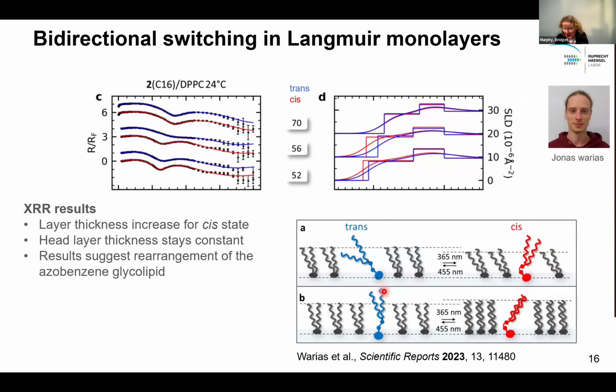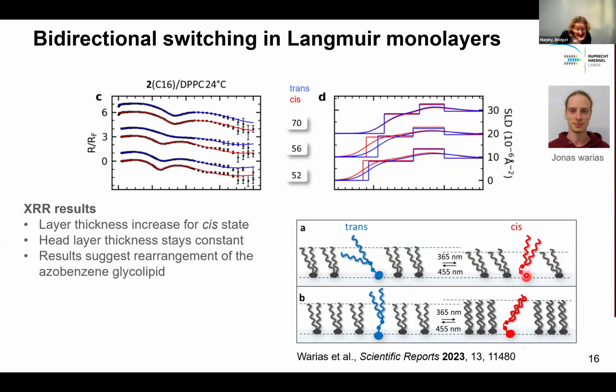because this could be very interesting for controlling membranes, for example for applications such as drug delivery. So if we have our azobenzene molecule, this is the model that we propose. In a less densely packed system, the azobenzene-containing phosphoglycolipid will tend to lie down a little.